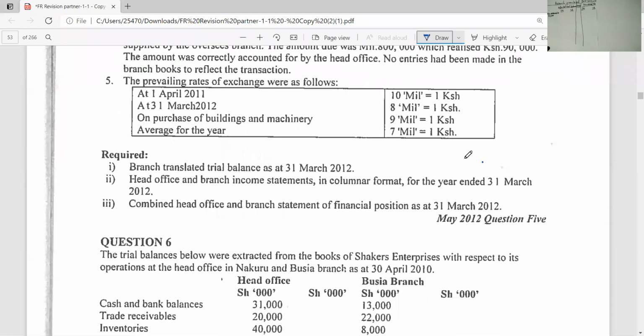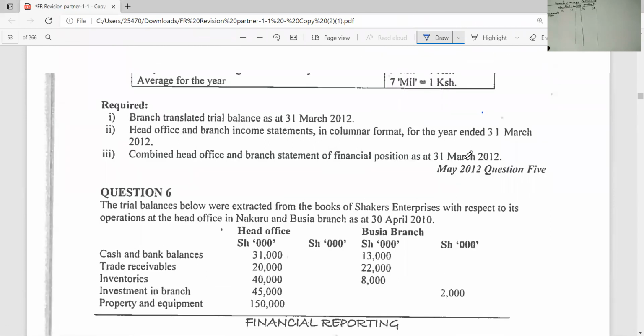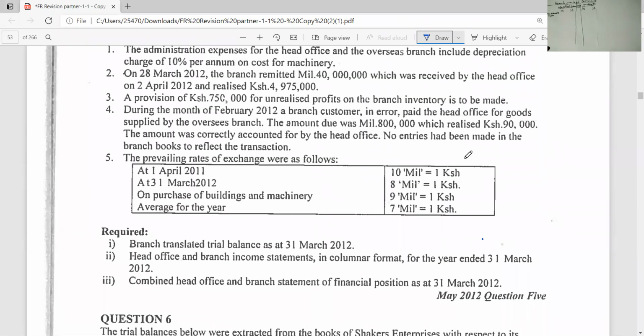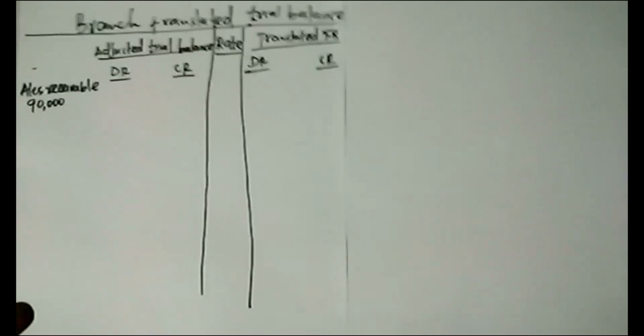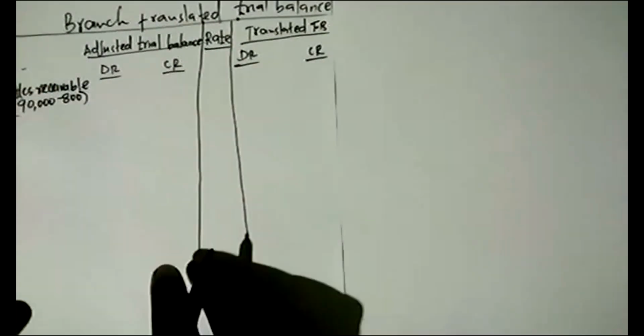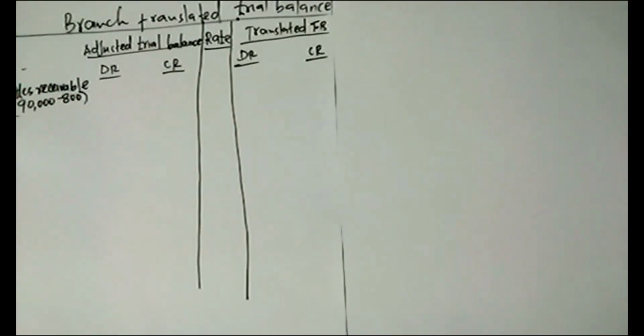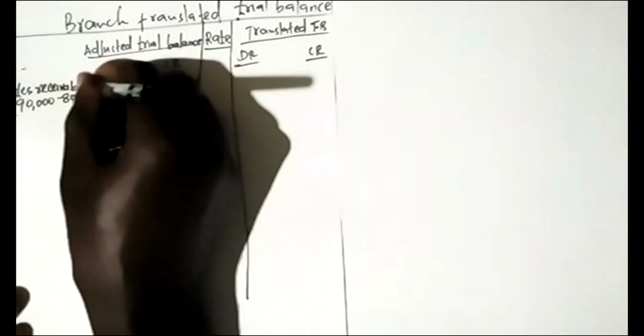Then we have to subtract the 800. So the amount due was 800,000, which realized the 90. So I have to subtract 800 here. If I use my calc, 90,000 minus 800, that is 89,200.